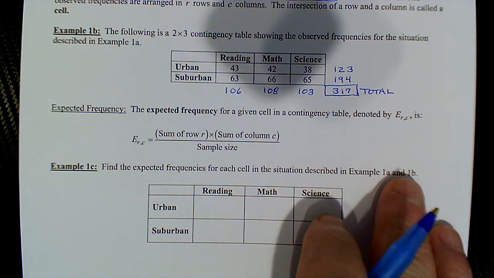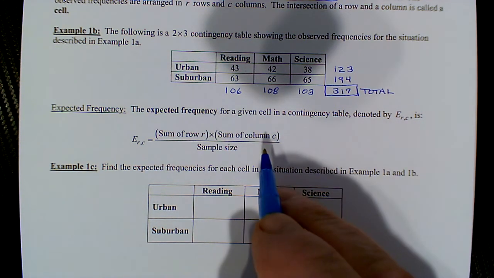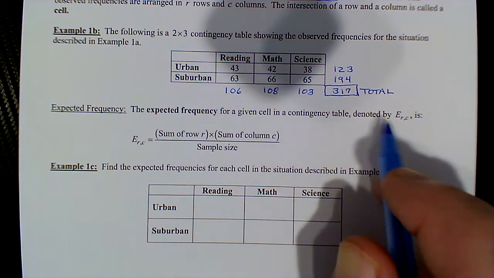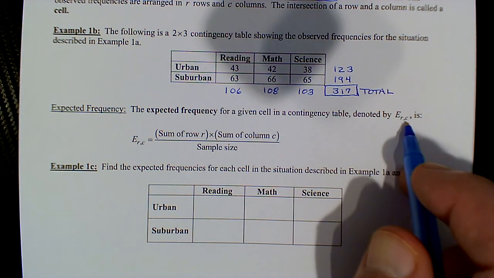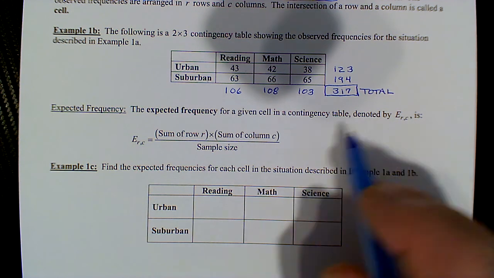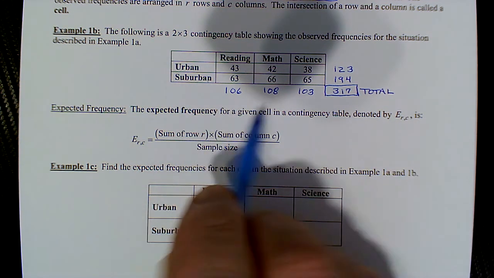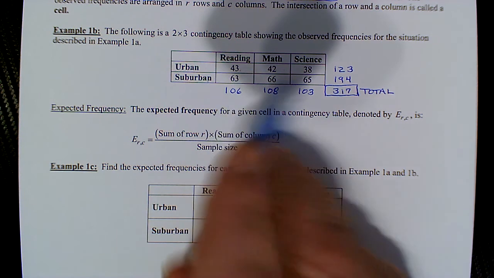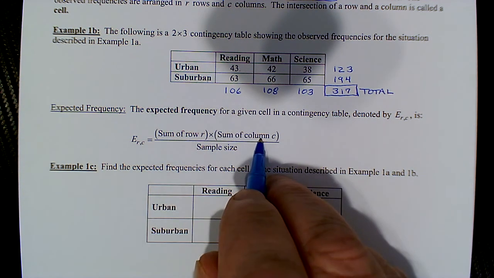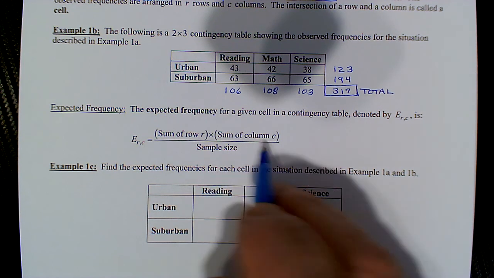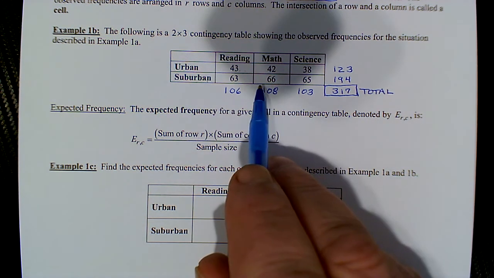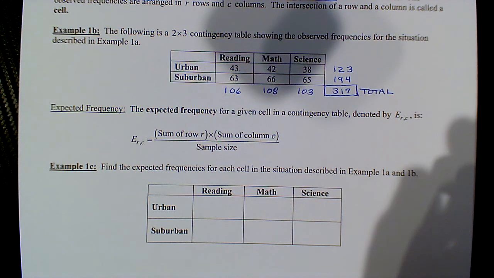or pieces of data observed. And so we have what we call the expected frequency. And it's denoted by E with a subscript of R and comma C. So that's given to be, depending on where the cell lies, the sum of the row times the sum of the column divided by the sample size, or the total. So here we want to find the expected frequencies for our given table.